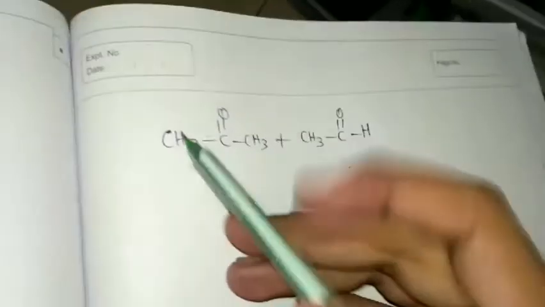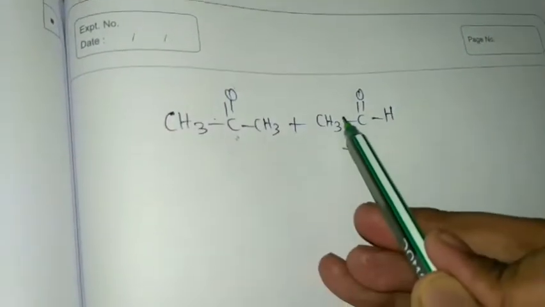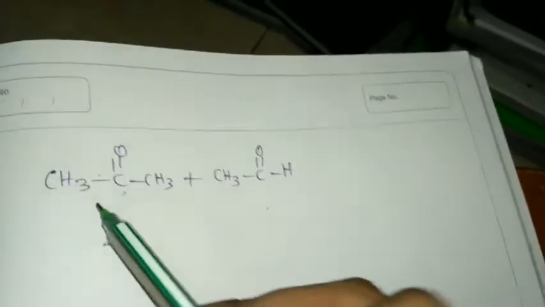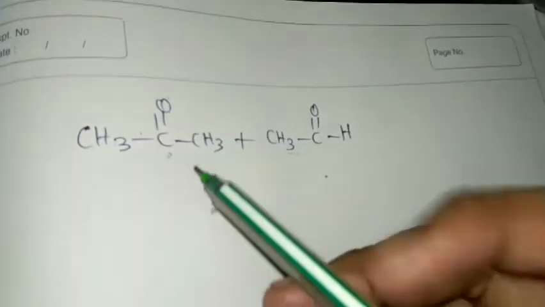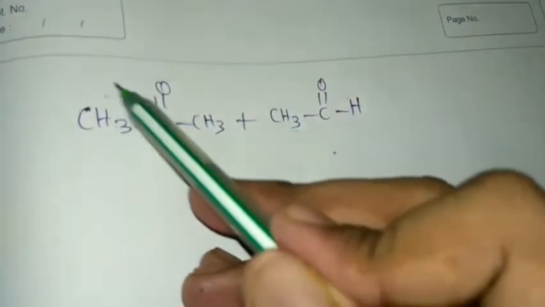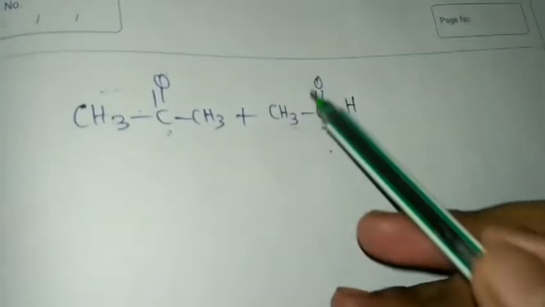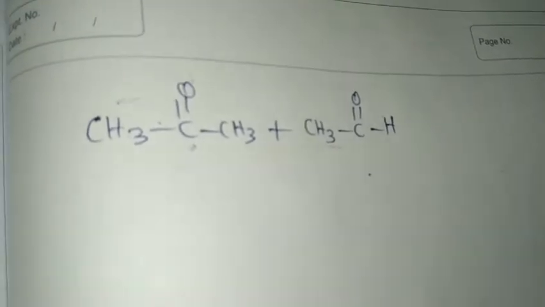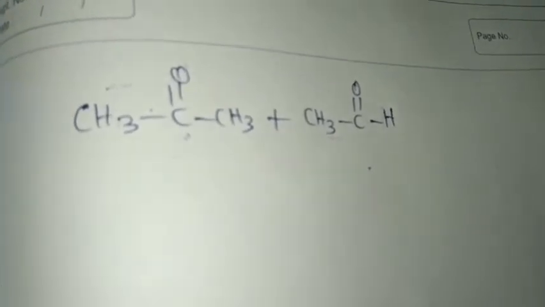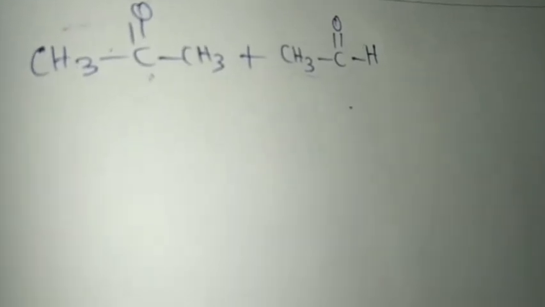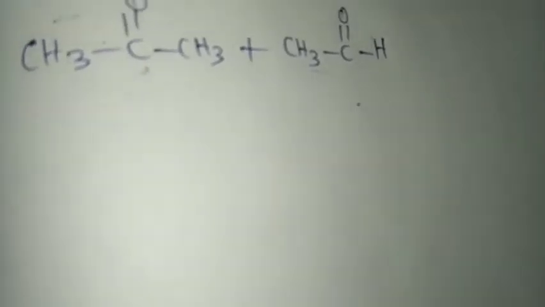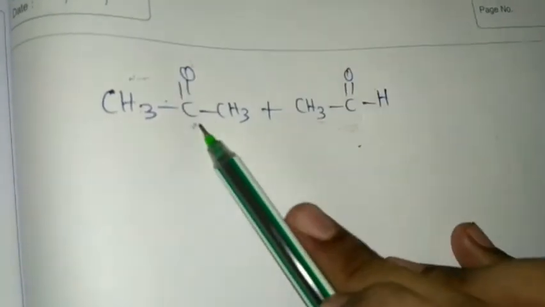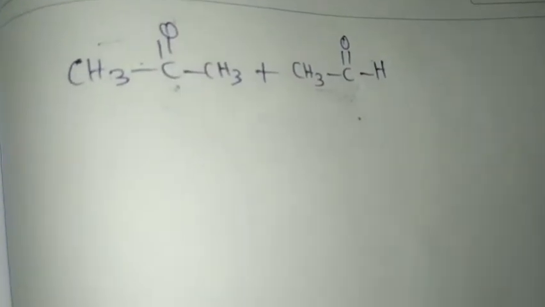So as ketones are less reactive, the enolate ion formed from here cannot attack this carbon. Attack, but that will not be a stable one. The stable one will be forming the enolate ion over here and attacking here. That will be the stable compound. So if you are asked for the stable product, if you are given only one option, that is the stable product, because this carbon can easily undergo attack, but this cannot easily undergo attack, due to the reasons I said on the previous page.